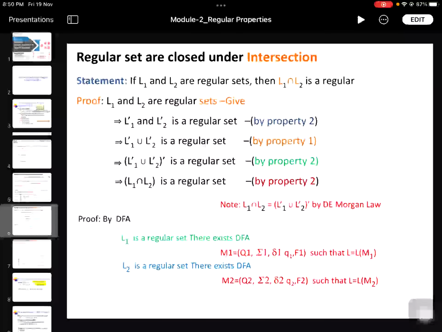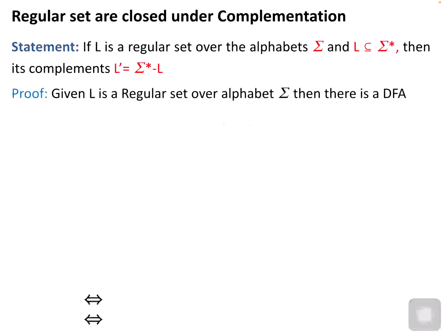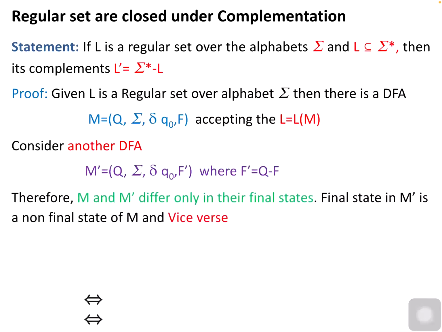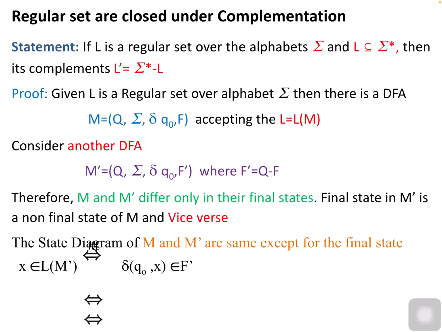You can expect it in your main exam, and you can also use it to prove some complement languages by DFA. Therefore, L dash is a regular set since it is accepted by a DFA.